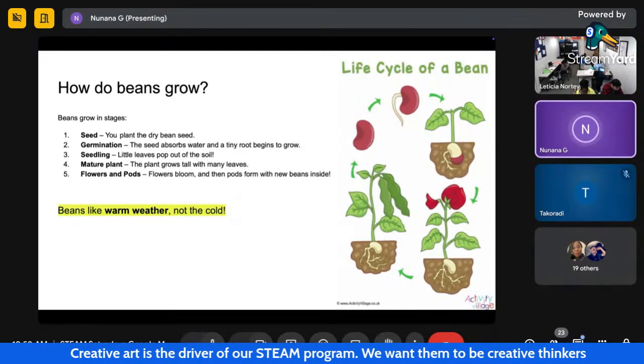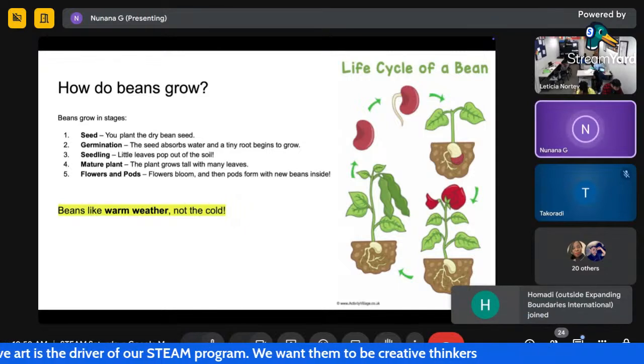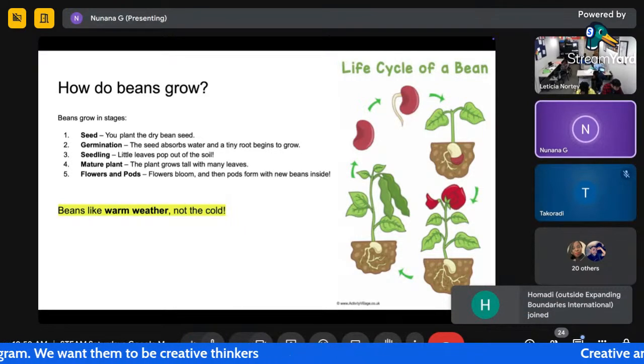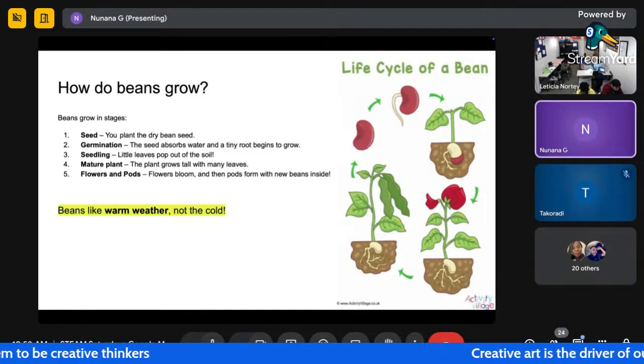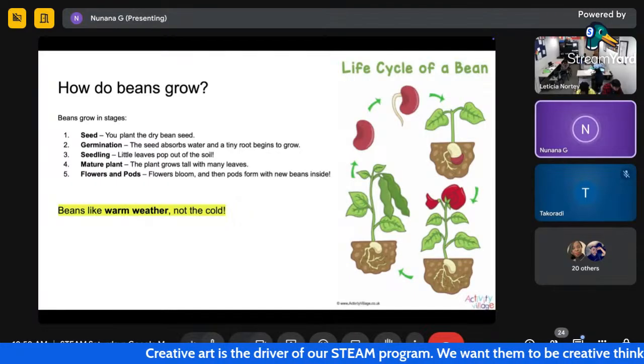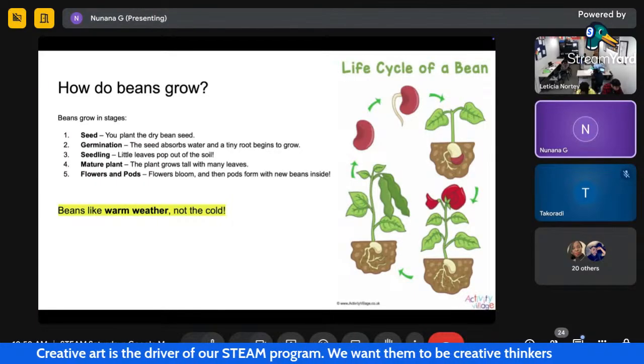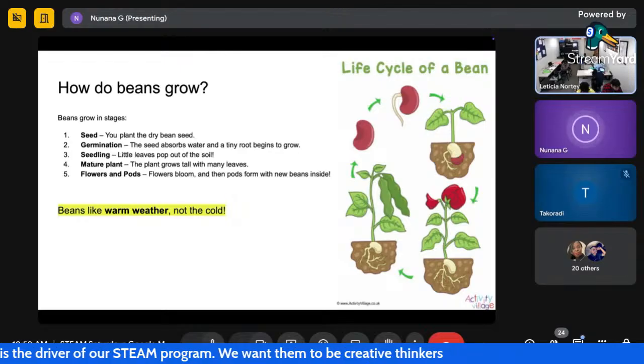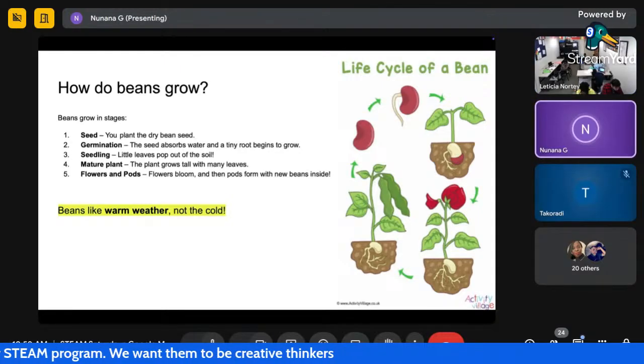We harvest the beans, right? We dry it. We give it to people to eat. You sell it, what have you. You have food. So this is the life of a bean cycle. Remember, beans like warm weather, not cold. Keep this in mind. It will help you with the hypothesis.